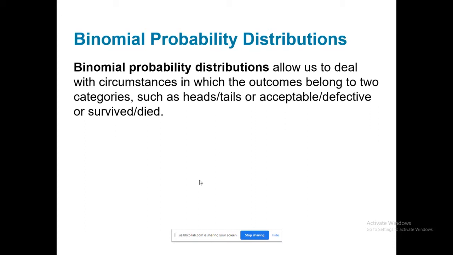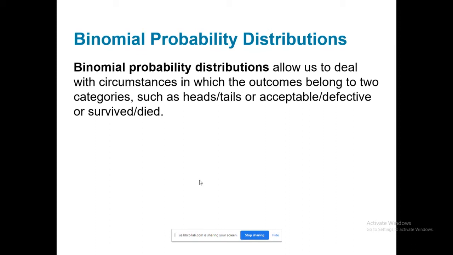A binomial distribution allows us to deal with any circumstances in which we only have two outcomes. The outcomes can be heads or tails, acceptable, defective, survived or died. You could have things as yes or no.